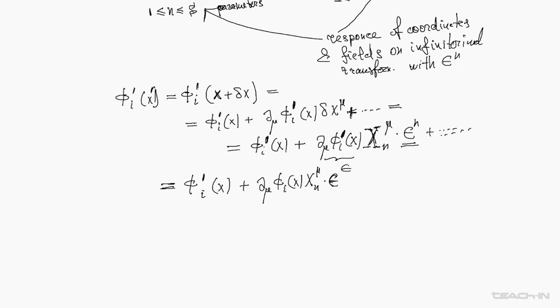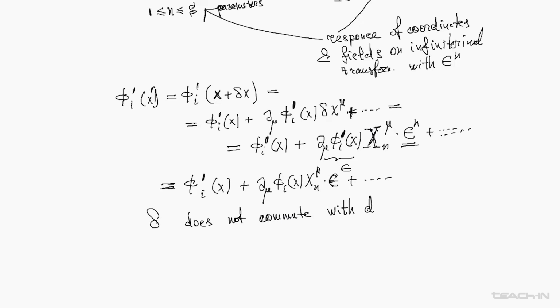So this is what the transformation looks like for fields phi. At this point, it is important to realize that this variation delta, which we apply to the field phi, does not commute with the derivative d over dx mu.